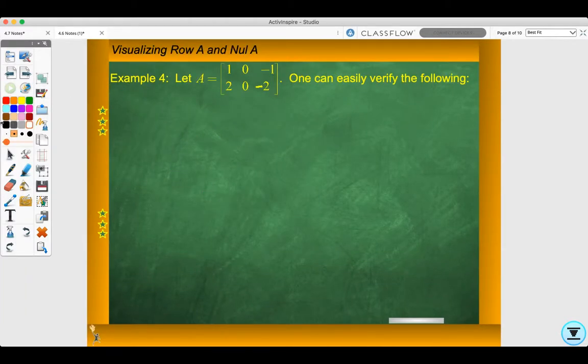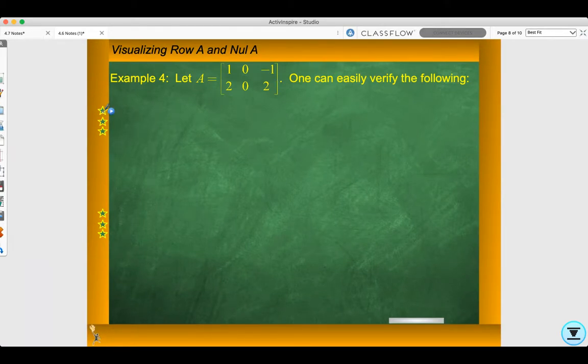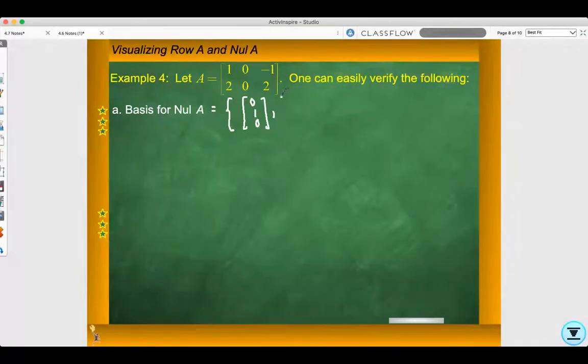Let's look at visualizing Row A and Null A. Example 4, we have this matrix A equal to 1, 0, -1, and 2, 0, 2. One can easily verify the following. The basis for Null A would equal 0, 1, 0 and 1, 0, 1. And therefore, Null A is a plane in R3.